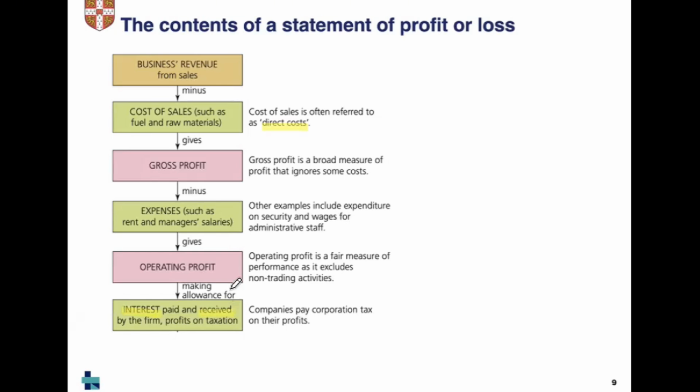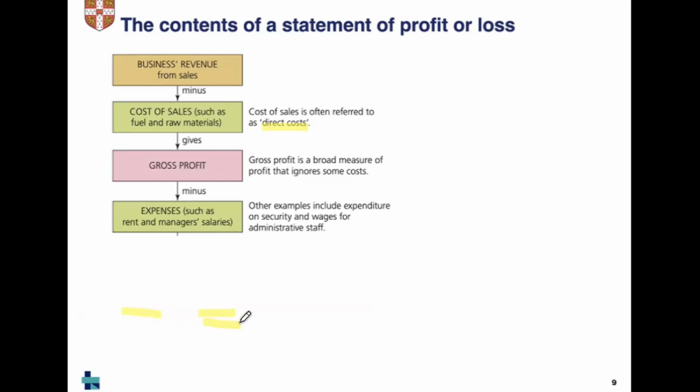So we don't add it in our operating profit. These are other revenues or other costs that the business is incurring, which are not associated with its main business. Once these interests are added or deducted, then we can calculate the profit of the year. Also, here, tax to the government is deducted, and that will give us the profit of the year.